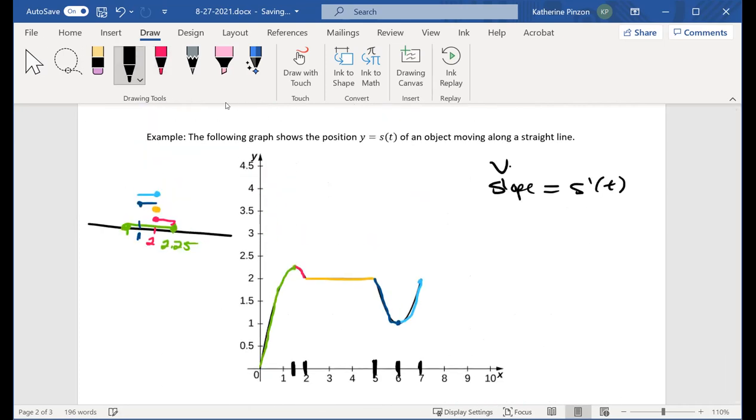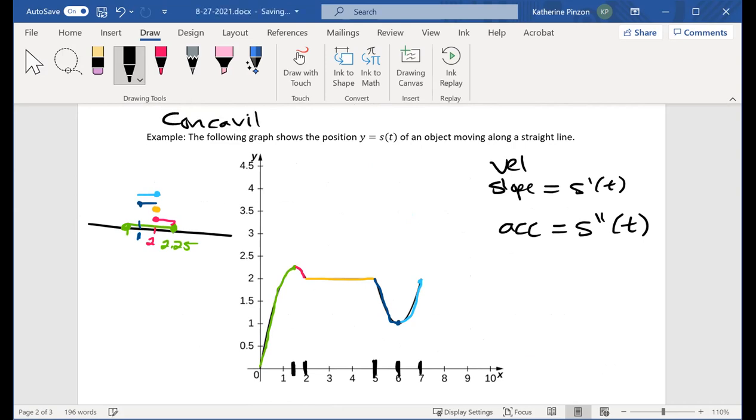So this is velocity. Acceleration is going to be the second derivative, which we haven't talked a lot about. We have to think about it as when this particle is speeding up and when it's slowing down. But there's an easier way to talk about the acceleration, and it's the concavity of a graph.